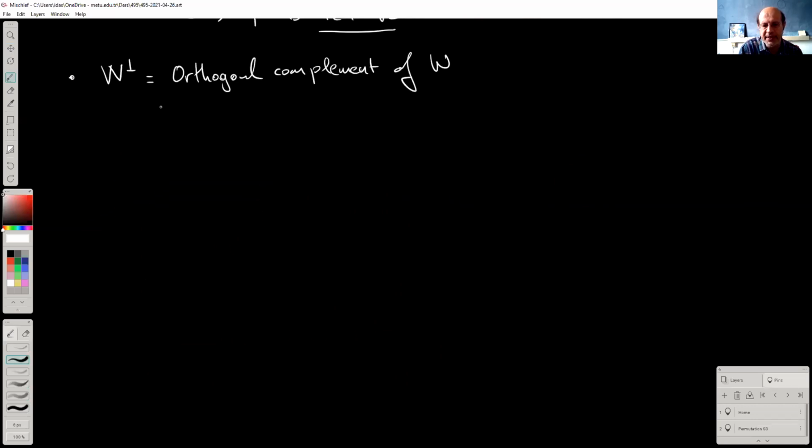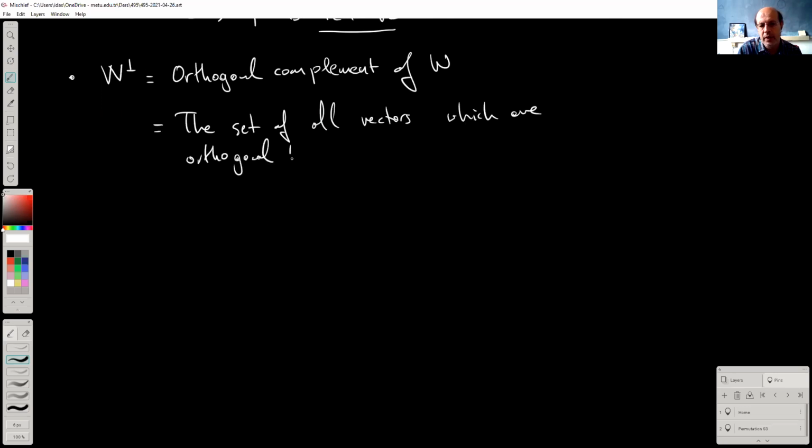Let me express it like this: it is the set of all vectors which are orthogonal, which means perpendicular, to every vector in W.